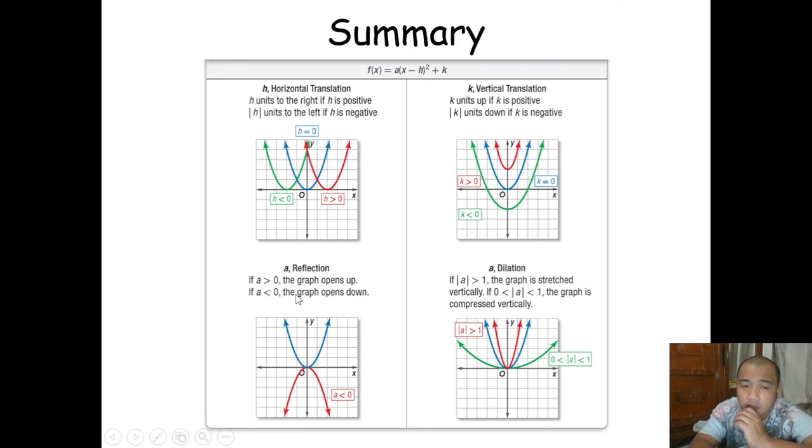If a is less than 0, the graph opens down. For dilation, if the absolute value of a is greater than 1, the graph is stretched vertically, or it will become narrower. And if it's between 0 and 1, the graph is compressed vertically. It will become wider. Narrower when greater than 1.